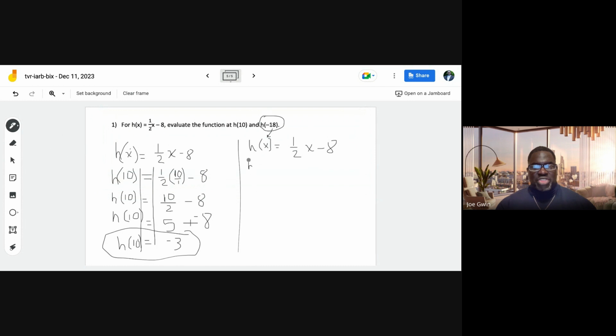So h of negative 18 equals 1/2. And x we said was negative 18. Bring down that minus sign. Bring down that 8.